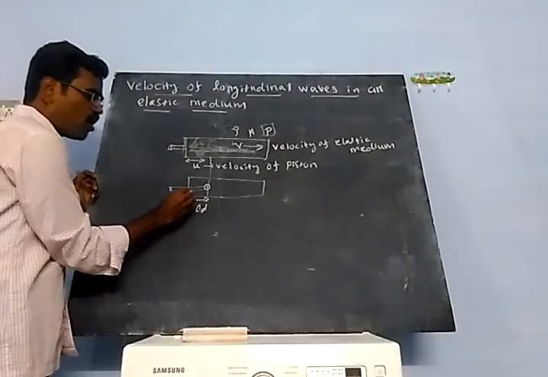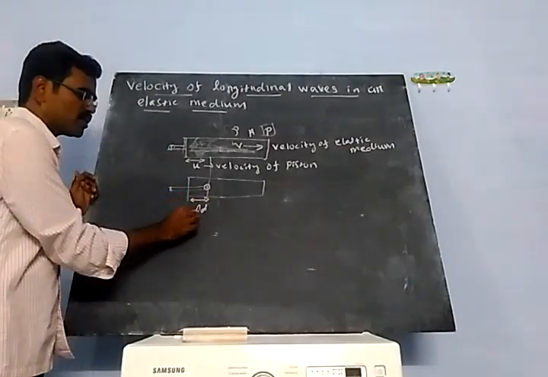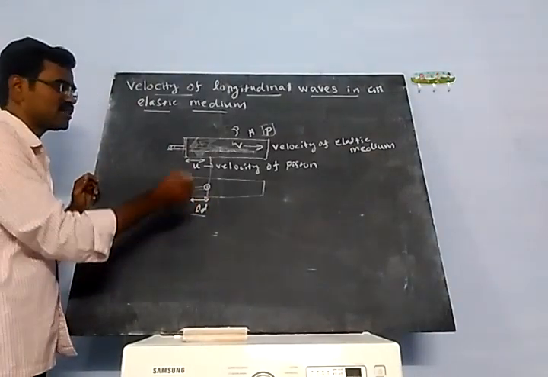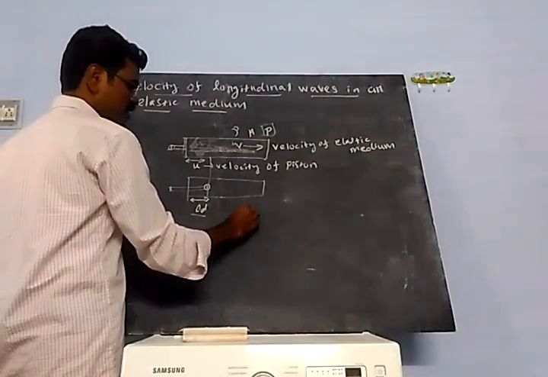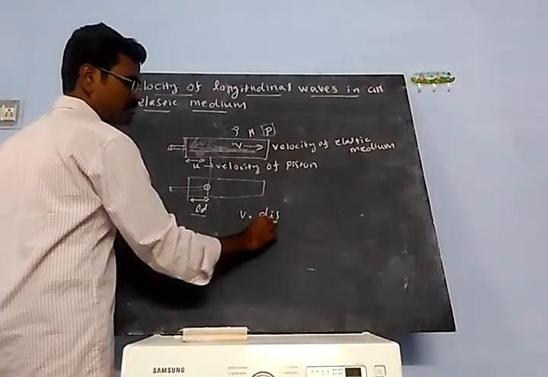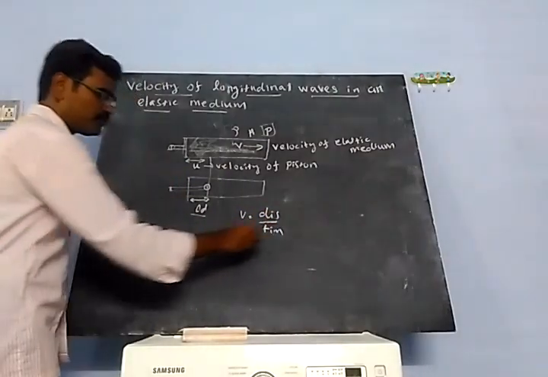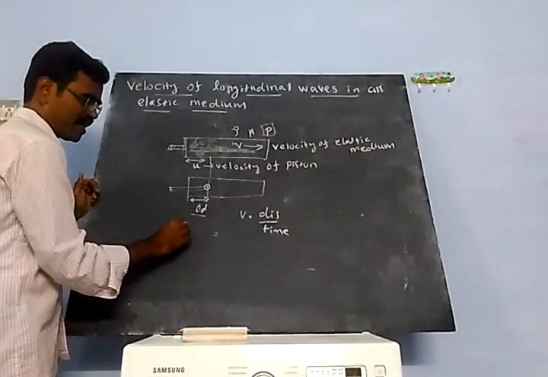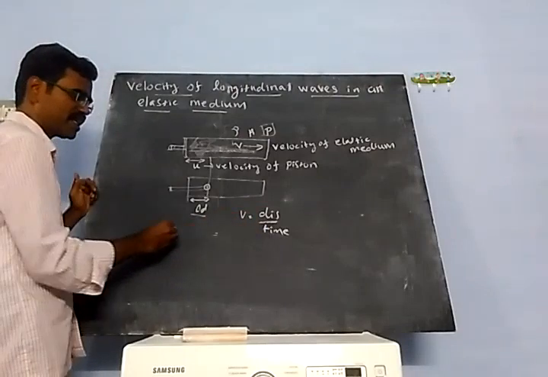So how much distance is it moving? That distance we have to calculate. Velocity is distance by time taken, so distance equals velocity into time.